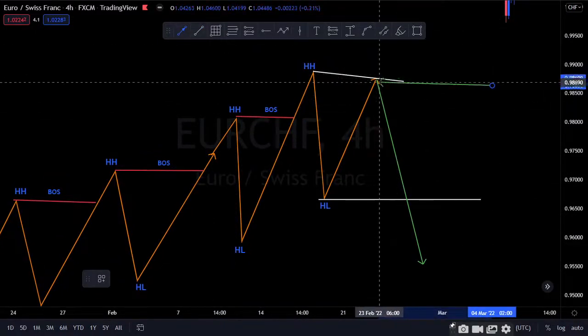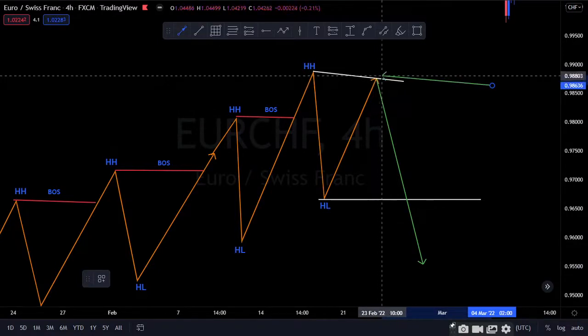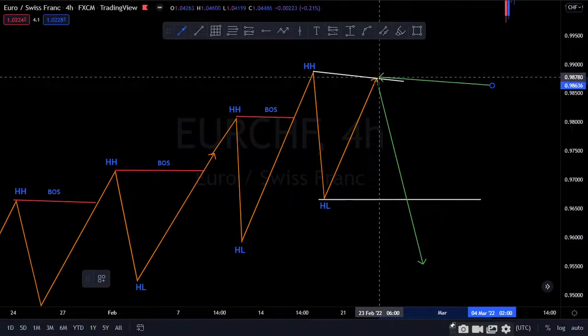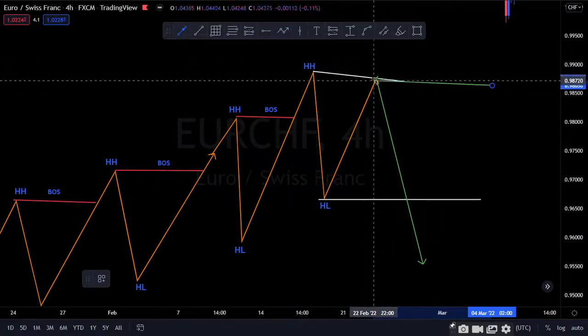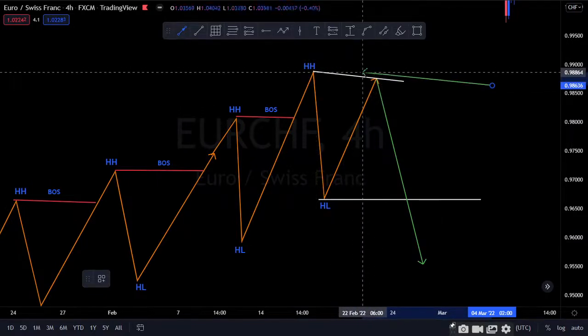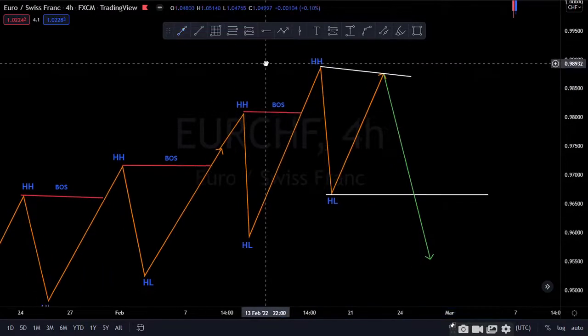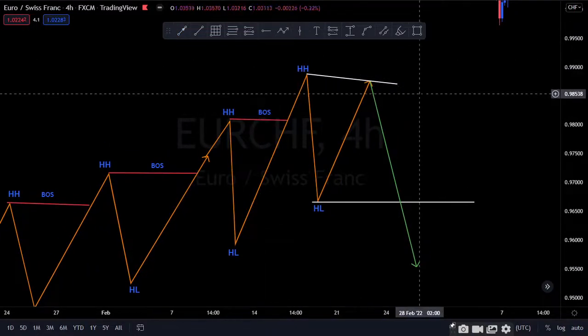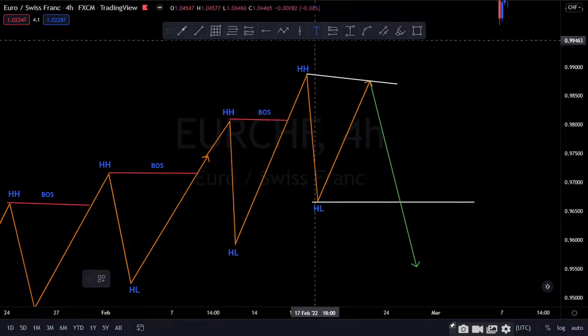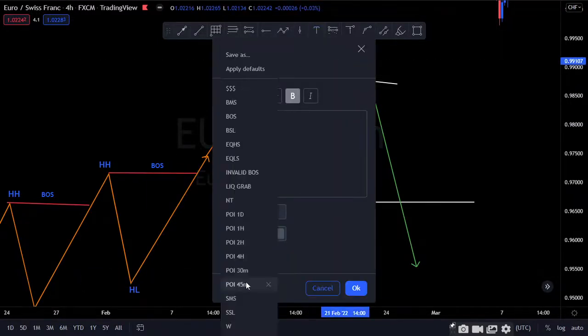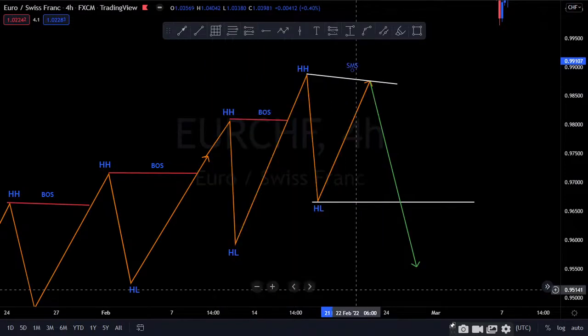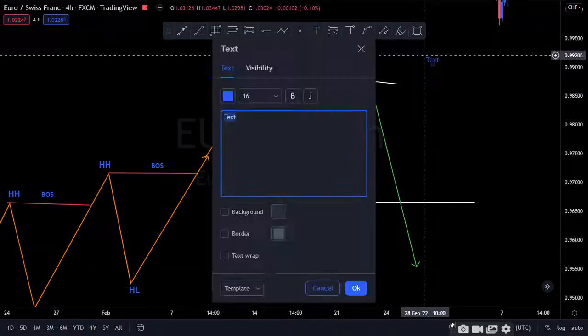This high was supposed to be higher than this high, but it couldn't, and this high is lower than this high. So here we call it shift in market structure. I will give you the full meaning right now, and we shorten it to SMS.